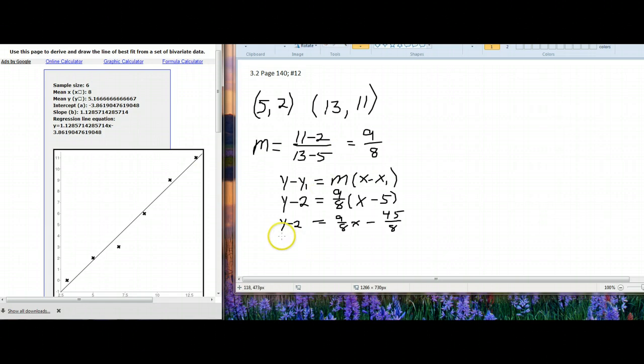So I'm going to change these values to decimals. So y minus 2 equals 1.125x minus, and I take 45 divided by 8 and get 5.625.